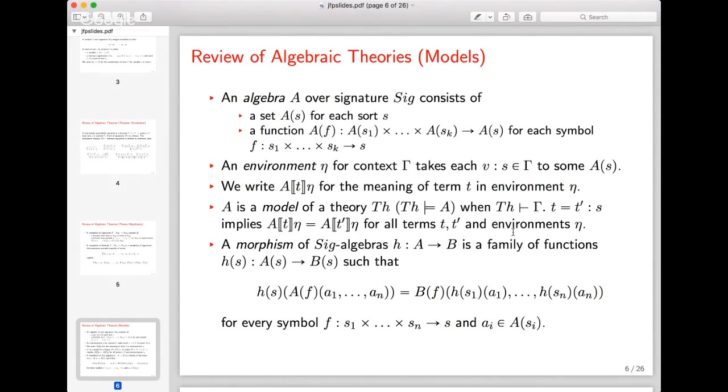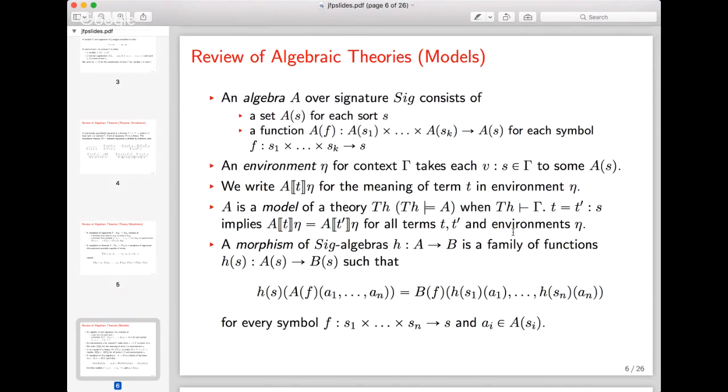So if we have a signature sig, then an algebra for it gives for each sort S a set, which we usually call the carrier for that sort. And then for each function symbol, we have to give a function between the carriers that has the appropriate arity.